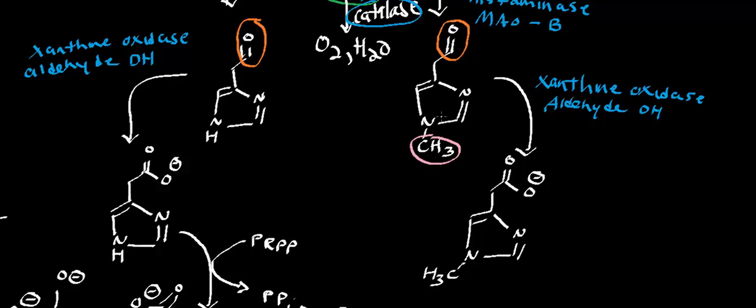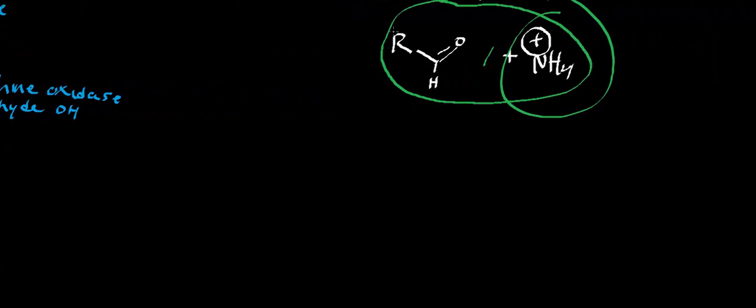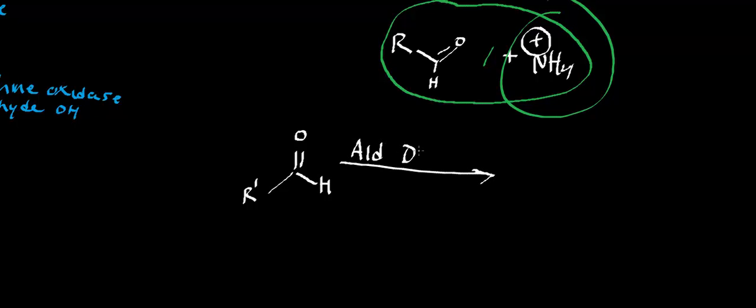Now, both of these molecules can react with the same enzymes. And they'll react with an aldehyde dehydrogenase. And just like in most cases, when you have an aldehyde dehydrogenase, so let's say I'll have some R group here, and I have an aldehyde. In general, what aldehyde dehydrogenases do, so I'm going to put aldehyde dehydrogenase.